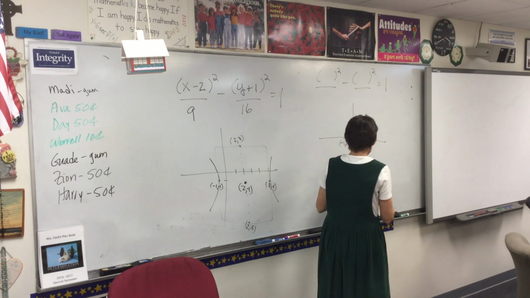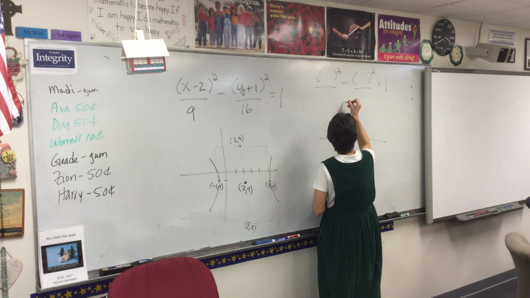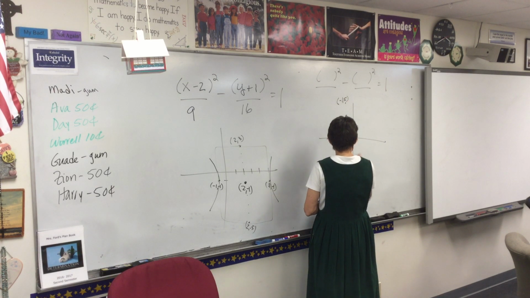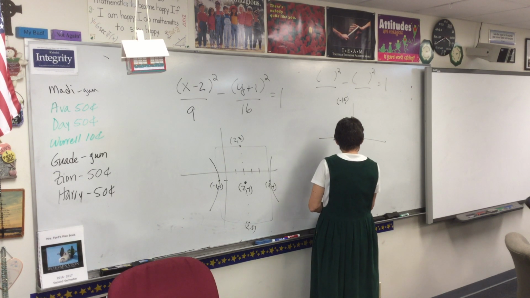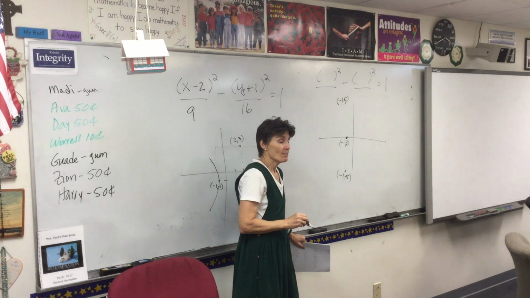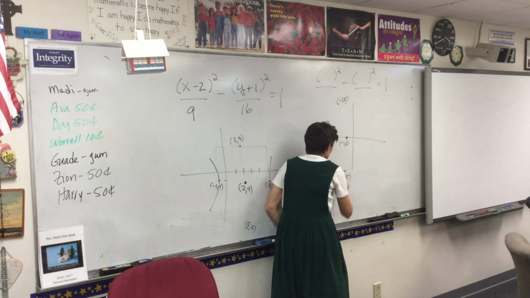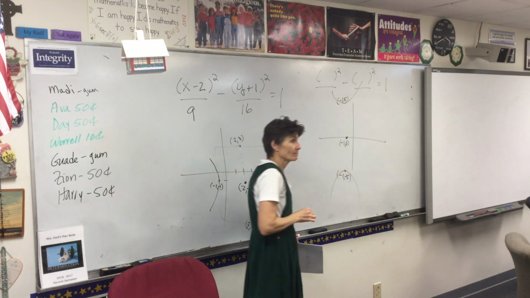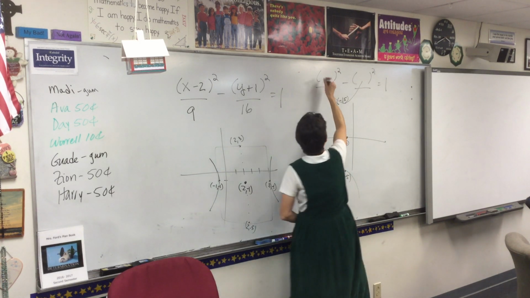The transverse axis is -1, 5, and -1, -5. Wait a second. Transverse. That means these are the vertices. So y comes first.